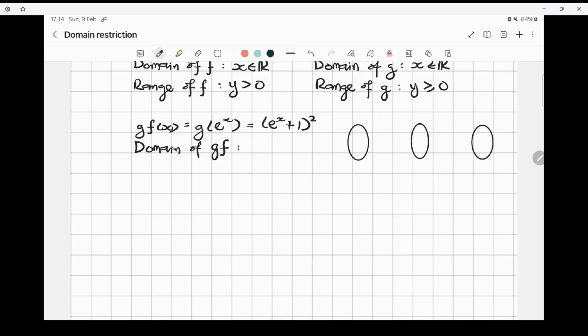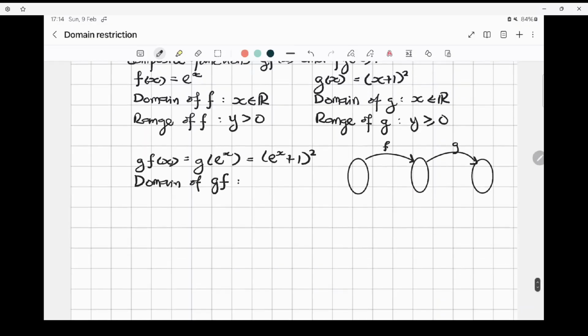You composite f first, then you composite g. And the range of f is a smaller subset because the domain of g is all real numbers and the range of f is positive numbers.